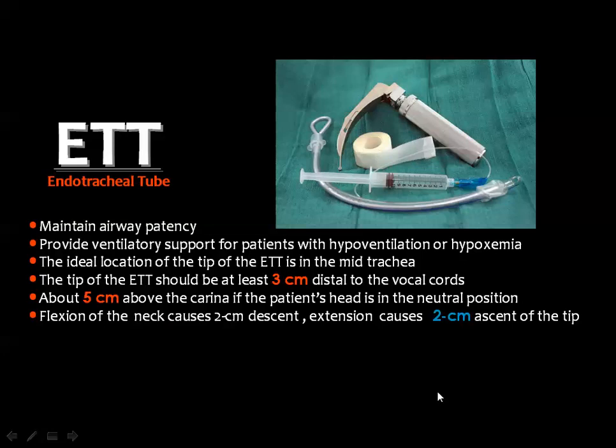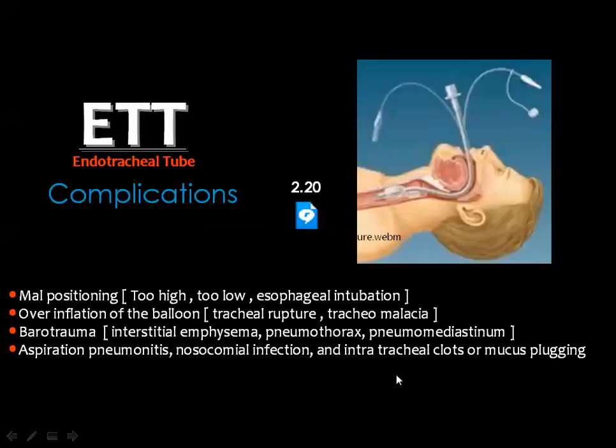The endotracheal tube should be positioned in the middle part of the trachea, and the accurate location should be about 5 centimeters above the level of the carina, taking into consideration that if the patient flexes his neck, the tube will descend for 2 centimeters. And if he extends his neck, the tube will ascend for about 2 centimeters.